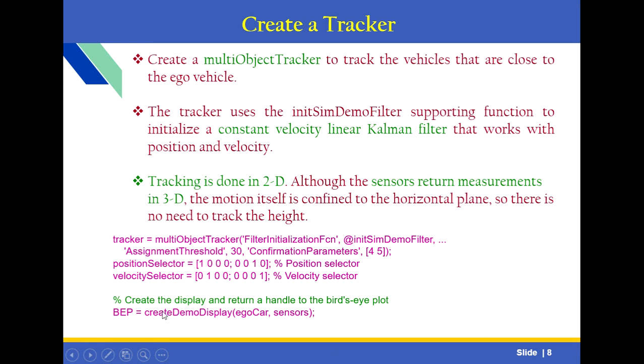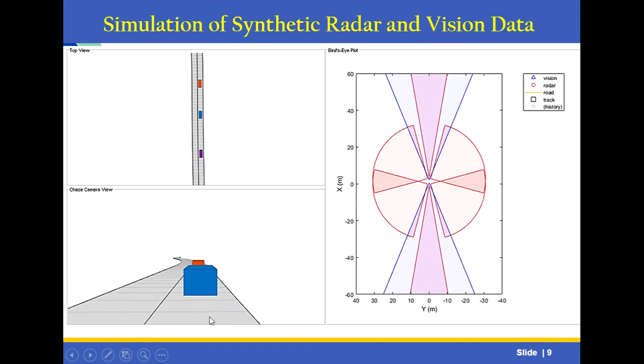This is the Matlab function to create a tracker. Here one more thing: create a display and return a handle to the bird's eye plot. We are going to see the output in the form of a bird's eye plot. This is the function to get the view of the bird's eye plot. Then this is the output of our simulation of synthetic radar and vision data. Here it shows the vehicle movements in a chase camera view.